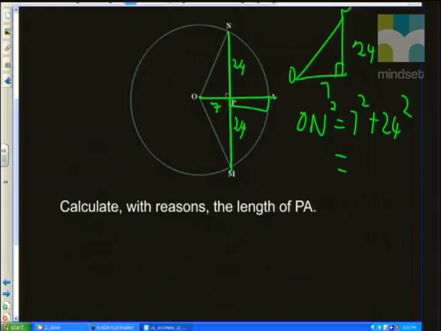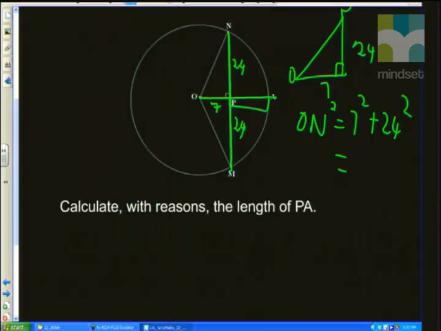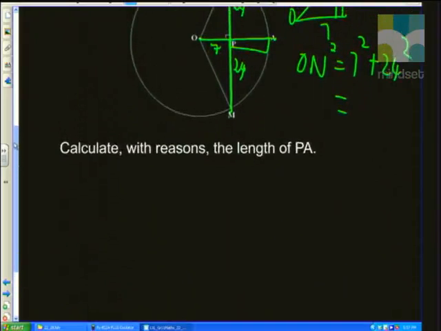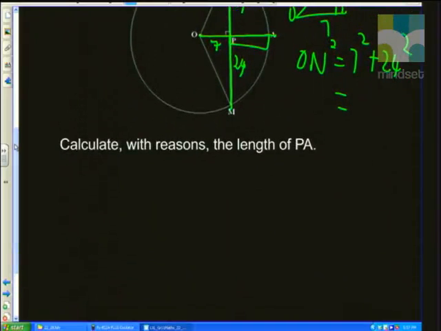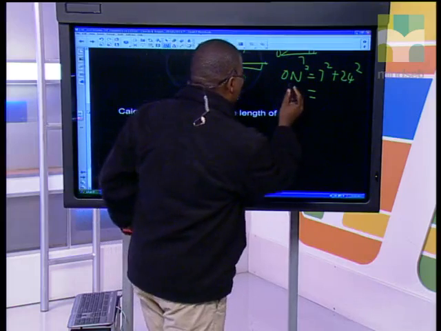Right, can you just calculate for me? 24 squared plus 7 squared, please work it out for me. I don't have a calculator with me right now, but because of time, we will be posting the solution for you guys, so don't worry about that.